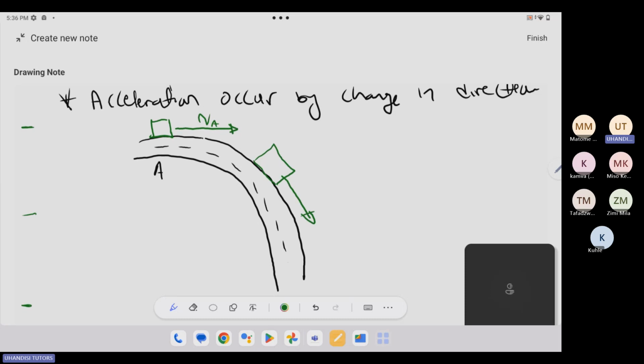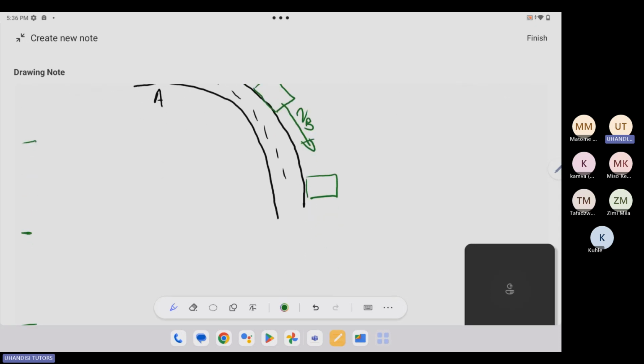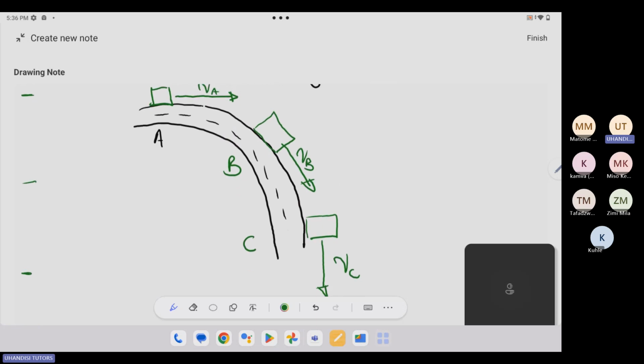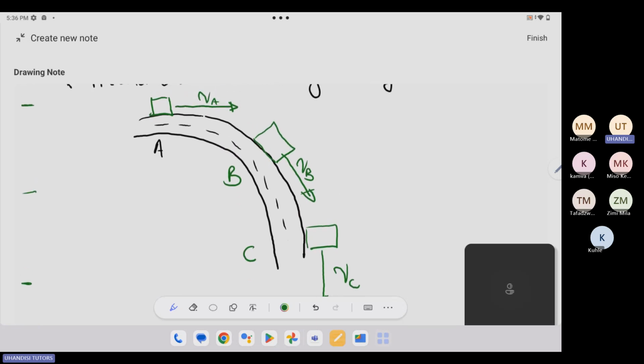Okay, so this is the velocity vector of the object at point B, and when the object is at point C, the velocity vector of the object is pointed due south. So at each and every point along the circular path, you can see that the object is continuously changing in direction, right?